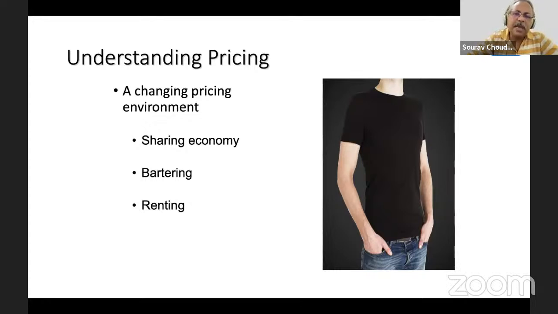I have a trouser, I am exchanging with a t-shirt. And this is still there. Bartering was one of the first modes of selling at one point in primitive days, 200, 300, 500,000 years back. But today, bartering is still there.